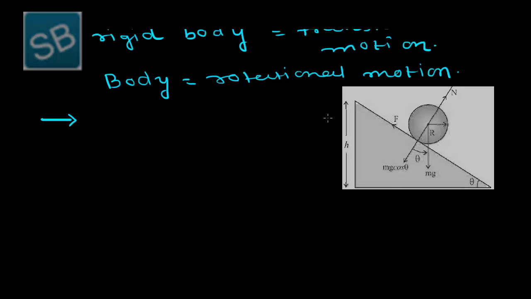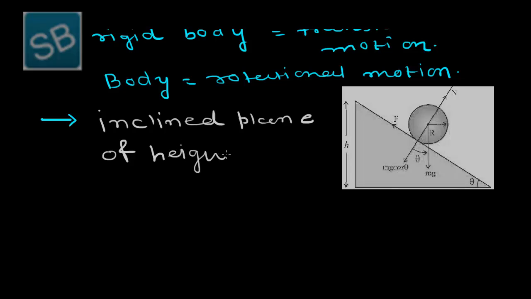So here the rigid body is shown, which is rolling over the inclined plane of height h, and the inclination angle is given by theta.